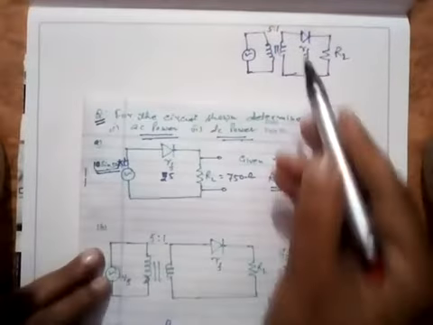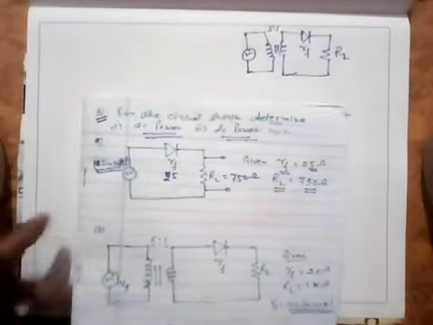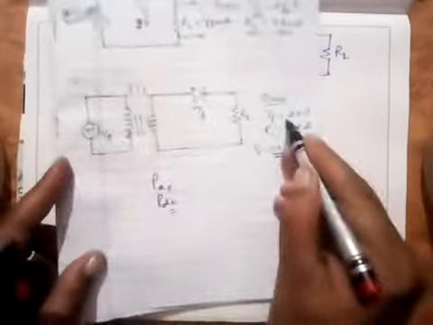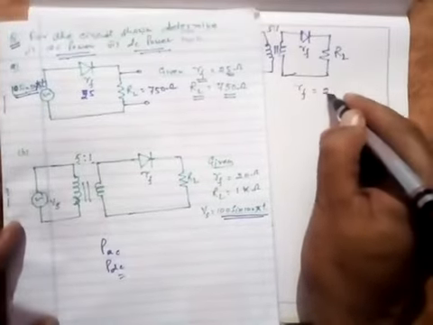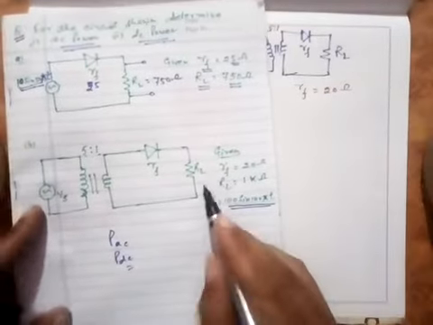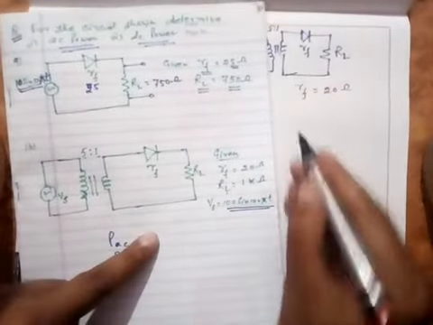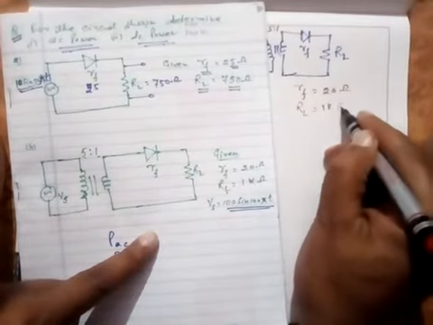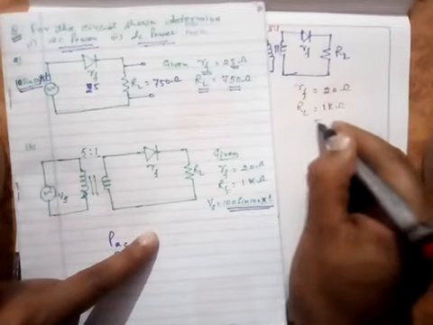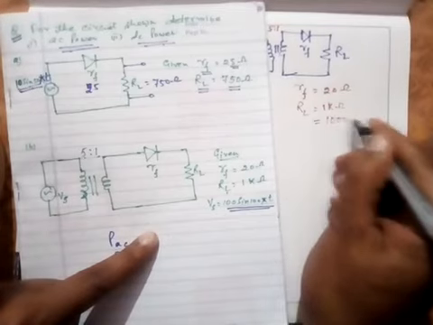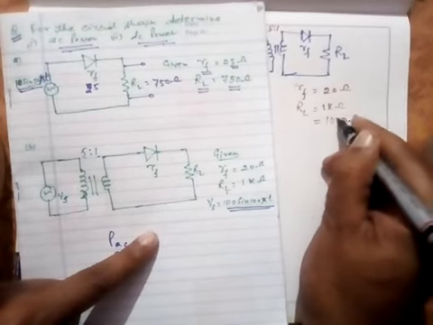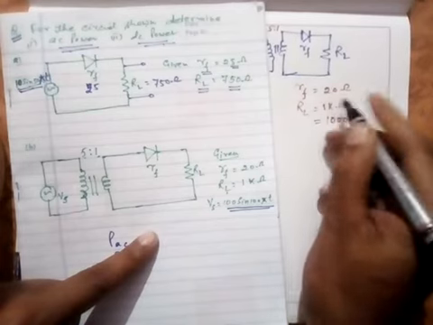The turns ratio of this transformer is 5:1, and it is given that RF is 20 ohm, then RL is 1 kilo ohm, or I can say it is equal to 1000 ohm, or 1 into 10 to the power 3 ohm.